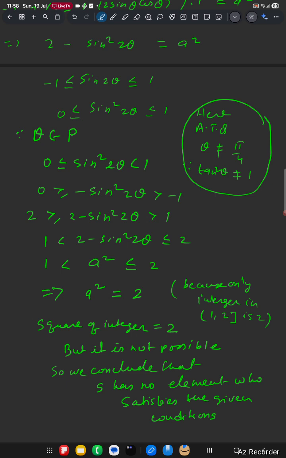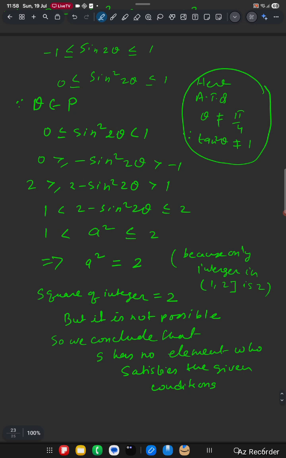So many conditions are there and there is no possibility for such conditions. So the number of elements in the set S will be 0. This is your answer.